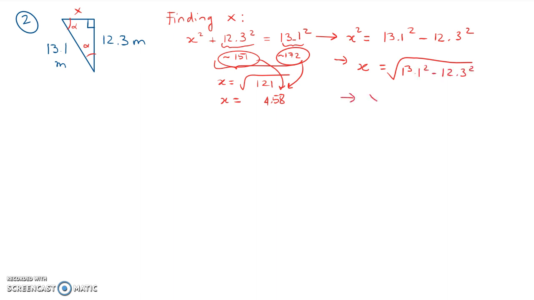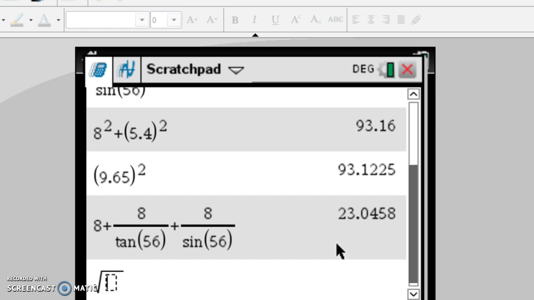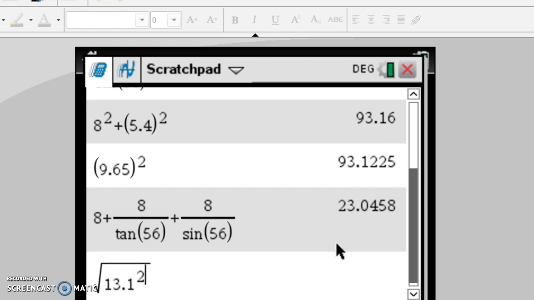So let's use the calculator to find the value of x. I need a square root over here, 13.1 squared minus 12.3 squared.